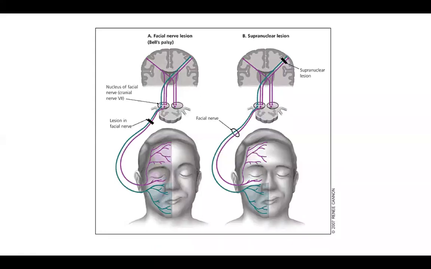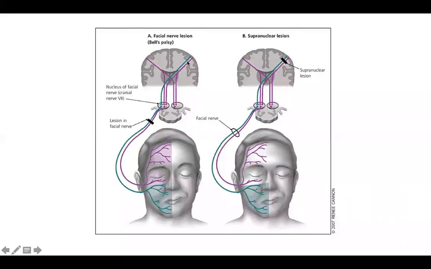Now let's take an example of how the face is innervated. So we have the nerve fibers that originate from the right hand side and from the left hand side. As you can see, this purple color originates from both left and right upper parts, and it decussates.